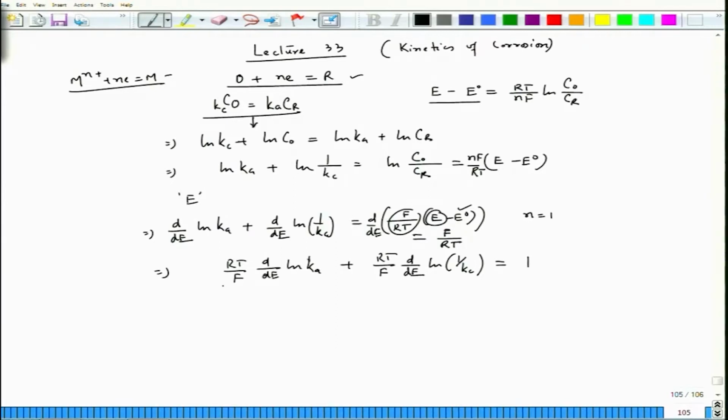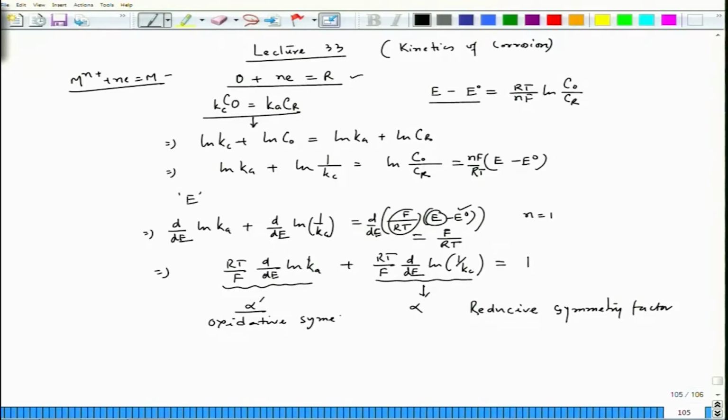Now, this quantity is called alpha, which is the cathodic or reductive symmetry factor, and this we can term alpha prime, which is the oxidative symmetry factor.